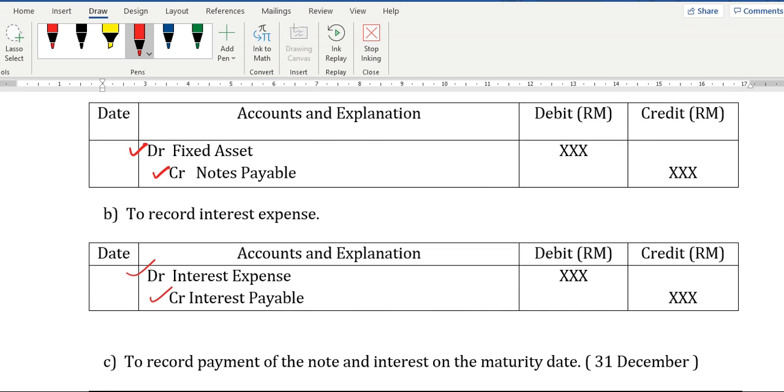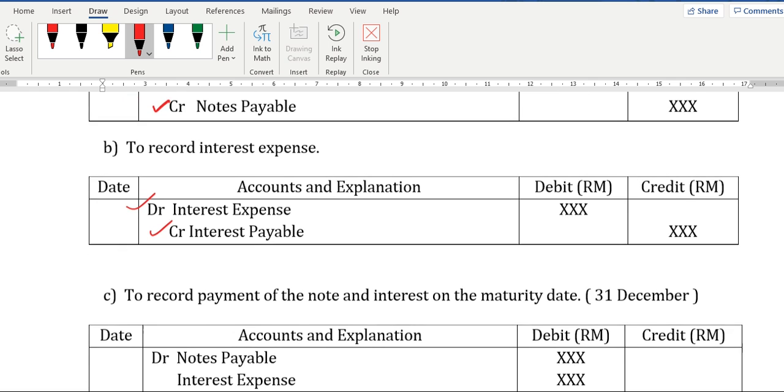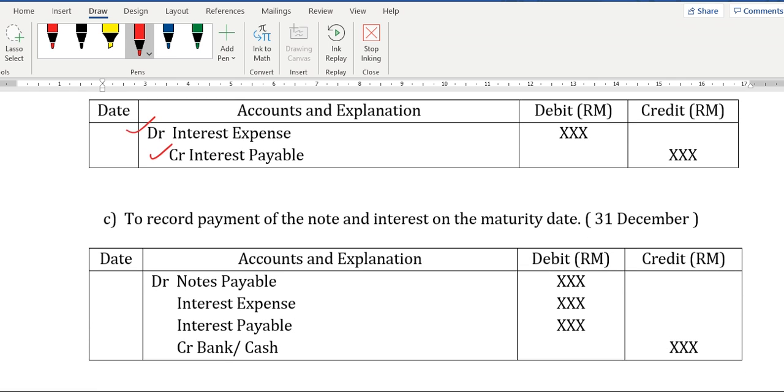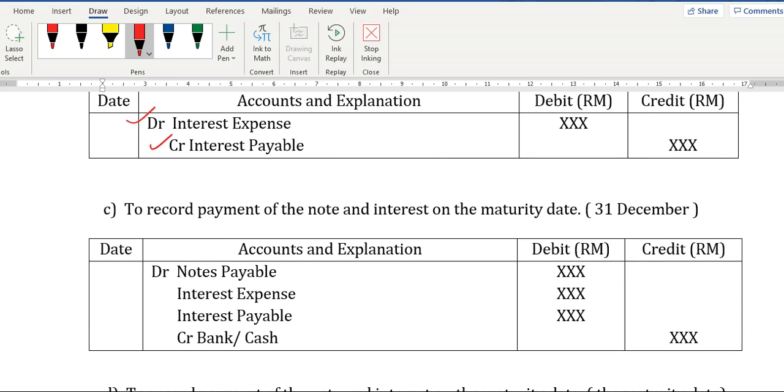Okay, so once you reach the maturity date, let's say the maturity date is on the 31st of December. So I am surrendering the notes payable, so I'll be debiting the notes payable. At the same time, I need to pay the interest expense for the current year, because the account is not closed yet.